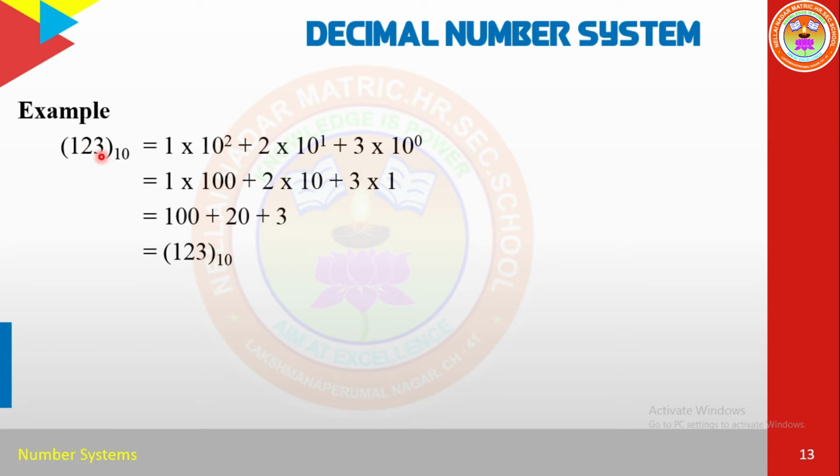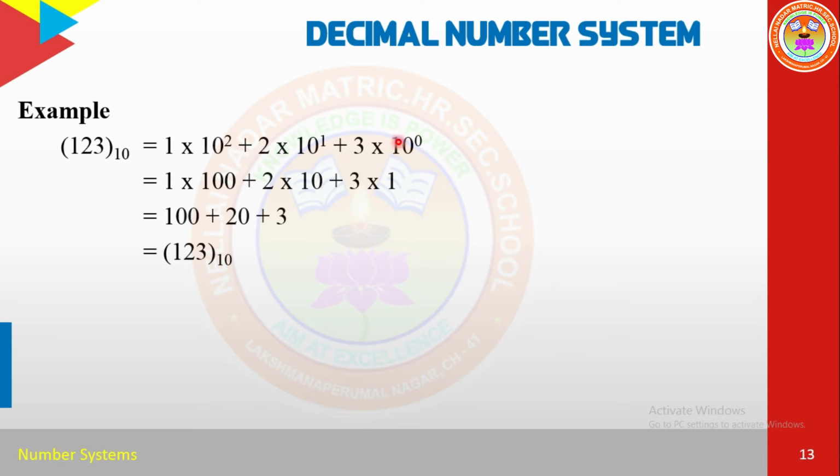You have to start from the right side of the digits. In 123, the right-side digit is 3, and its position value is the 0th position in the decimal number.